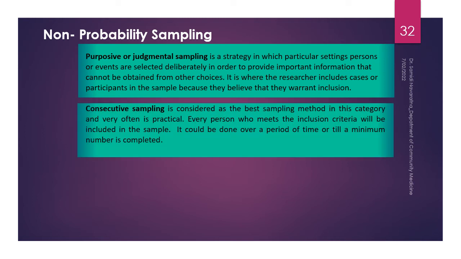And consecutive sampling is considered as the best sampling method in this category. So every person who meets the inclusion criteria will be included in the sample. So it could be done over a period of time till a minimum number of people would be accumulated.